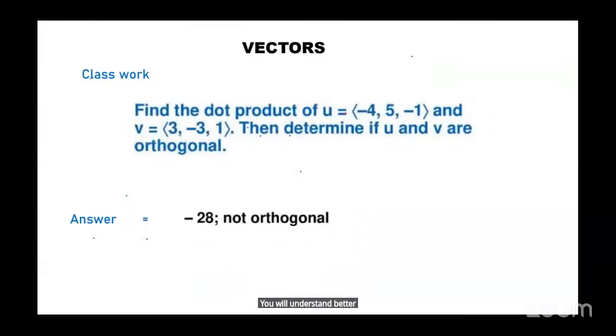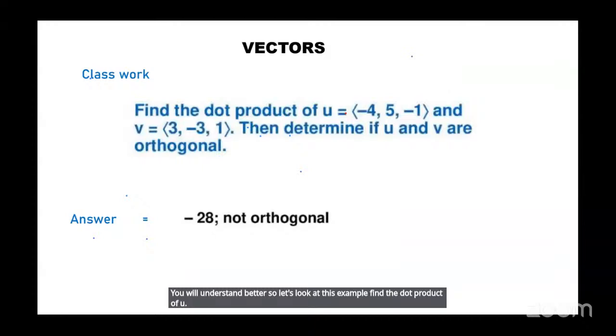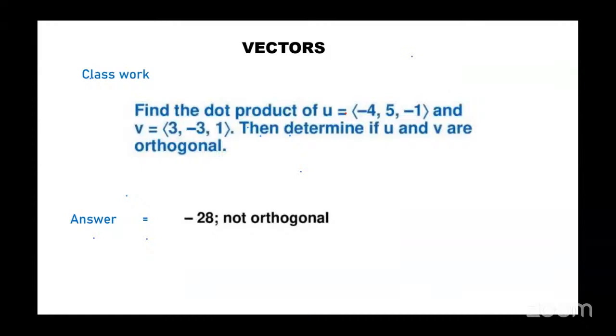So let's look at this example. Find the dot product of U given as -4, 5, minus 1, and V 3, minus 3, 1.